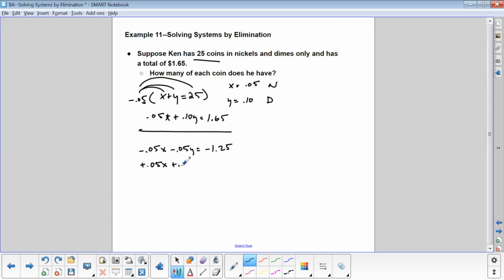I did not manipulate the second equation, so just rewriting it. And since I said I was going to eliminate the x variable, and I arranged it to where it was positive and negative, that goes to 0. And this would be 5 hundredths y is equal to 40 hundredths.